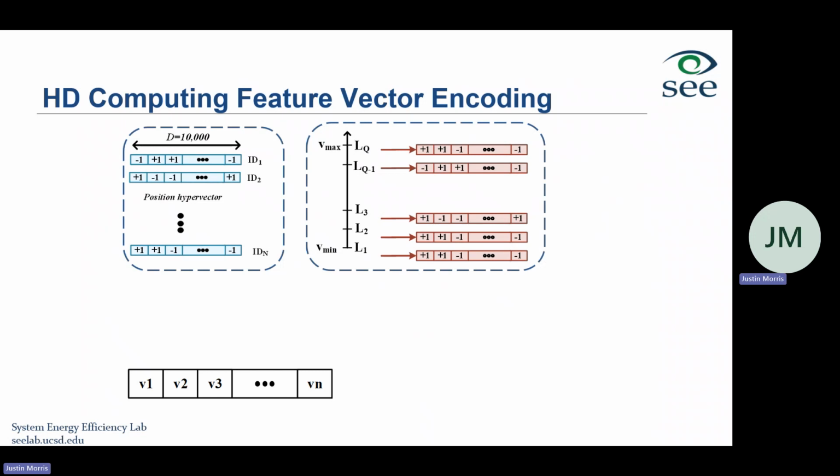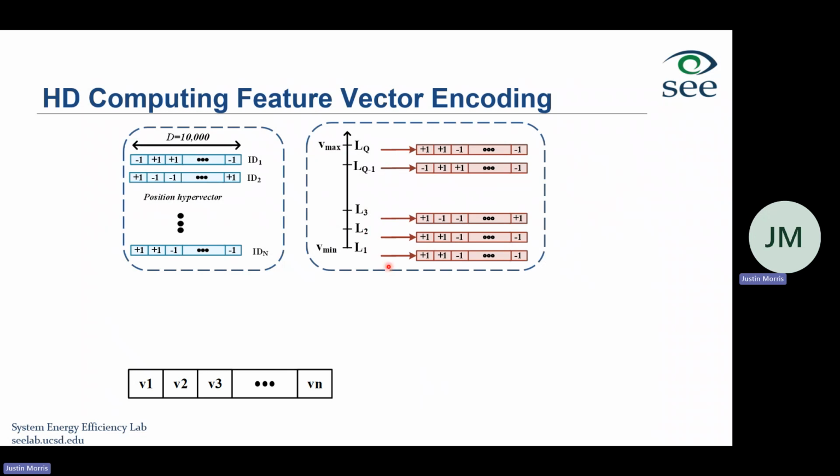And then this hypervector bank is called our level hypervectors. And these are encoding the value information. And we can create as many level hypervectors as we want. But if we go back to the grayscale example, 8 bits, we have 256 different combinations, 0 through 255.